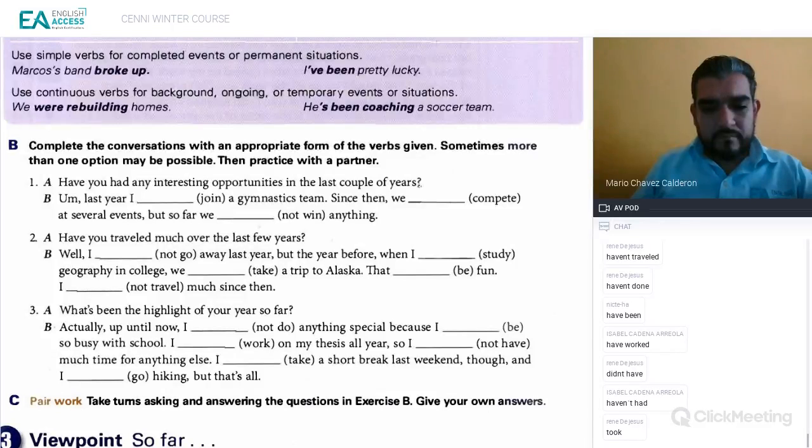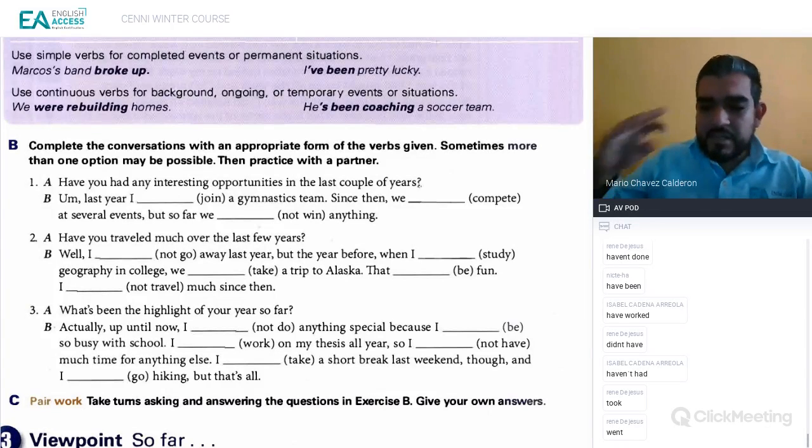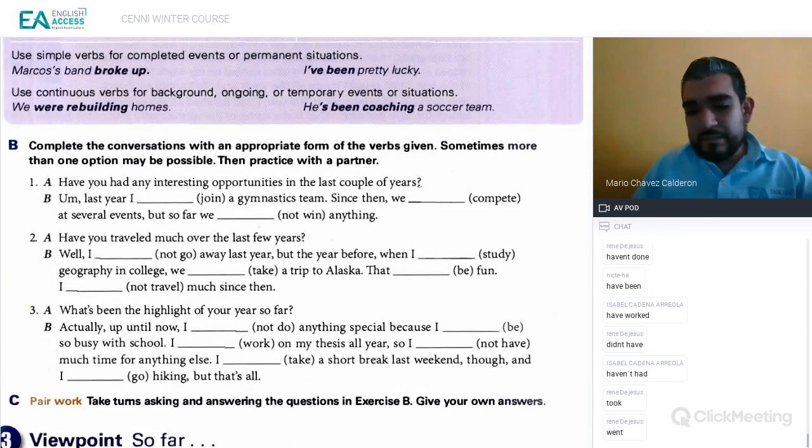Though, and I, the last one? When hiking, but that's all. Perfect. Good job, everyone. Good job. The number 3 was everything correct. Perfect. Very good job.